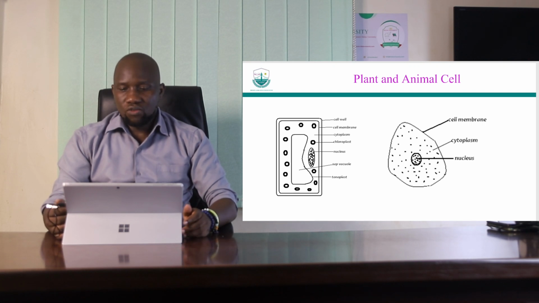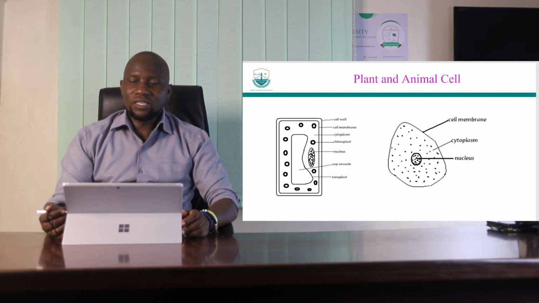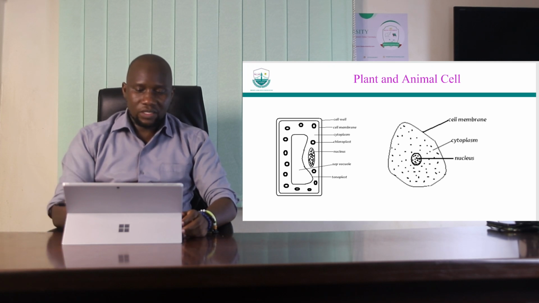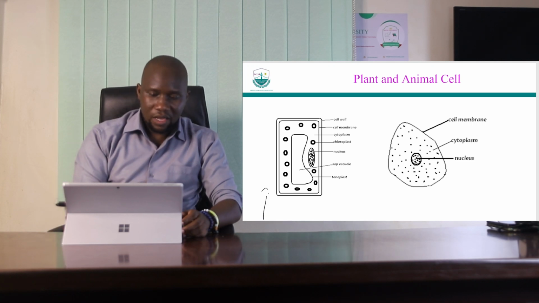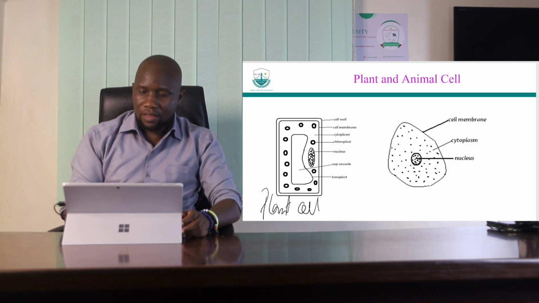These are the features you basically see. But if you use a compound microscope, you'll be able to see more parts. This one here is a plant cell, and this side is an animal cell.